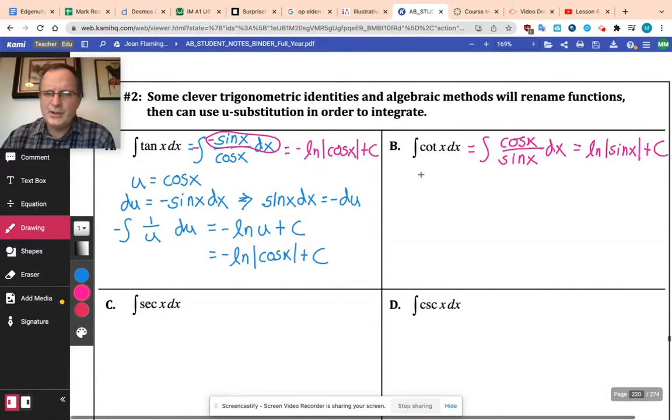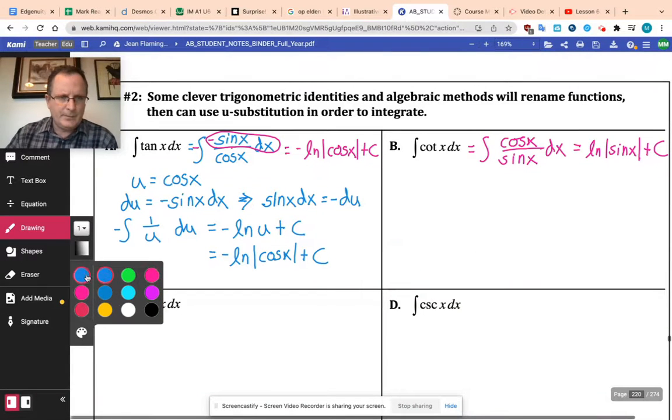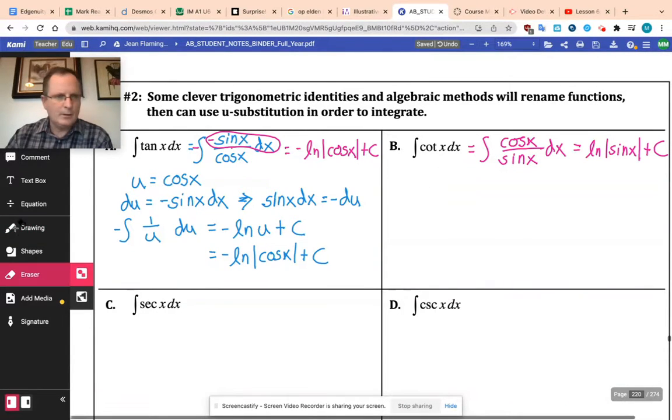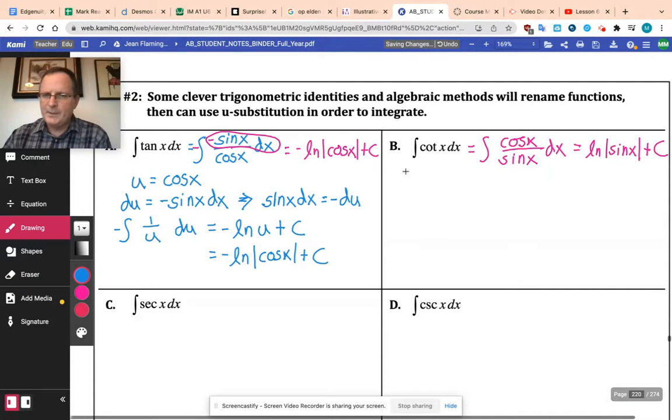Now, again, the u substitution here, if we were going to do it, and I guess I'll go ahead, would be to call the denominator u. It's usually the denominator you want to deal with. Okay, so let's call the denominator u, and then the derivative is going to be cosine x dx.